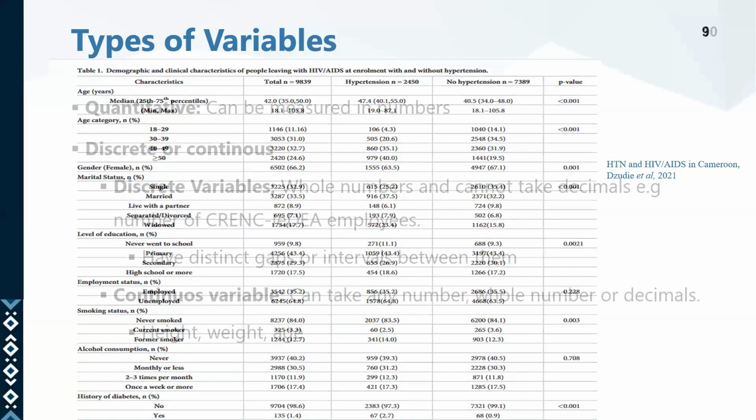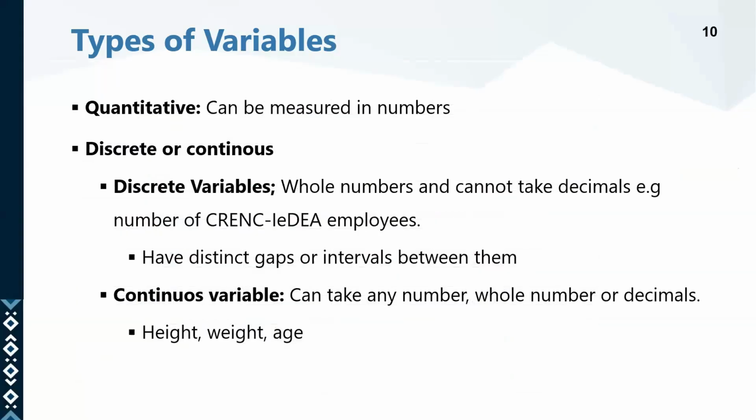So moving to the next type of variable, we can have now quantitative variables that can be measured in numbers. So they can be discrete or continuous variables. Discrete when they can take whole numbers and cannot take decimals.